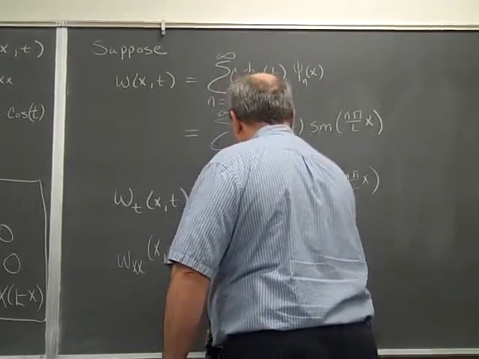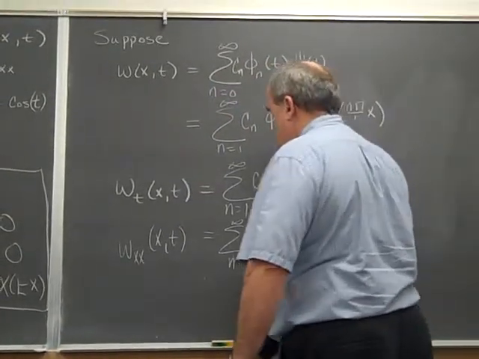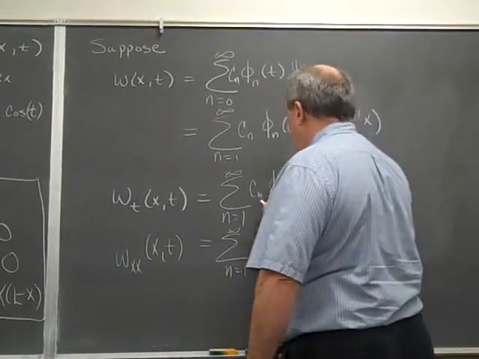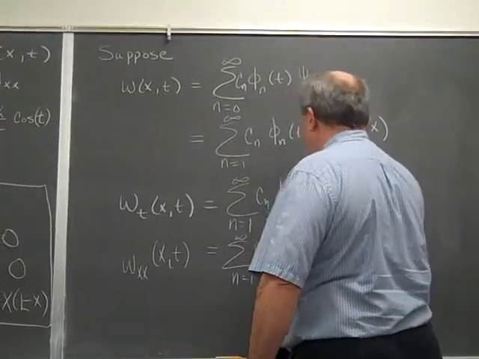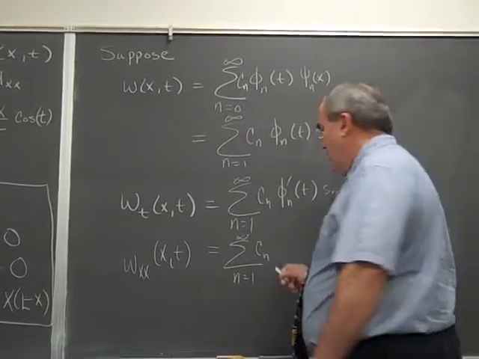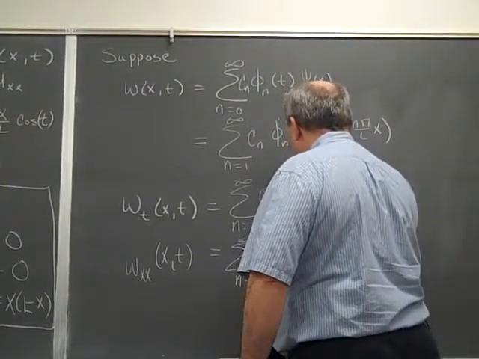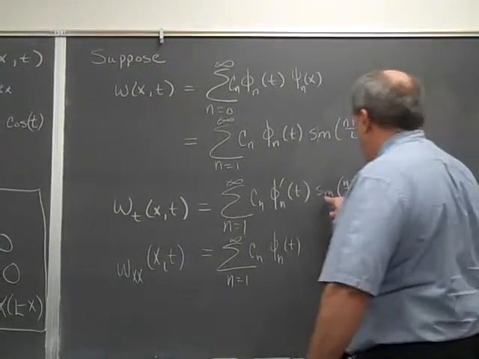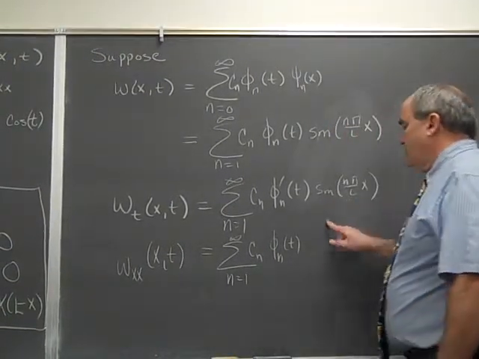Minus n squared pi squared over L squared. So the c sub n's will stay. The phis aren't affected by the fact that I'm taking a derivative with respect to x.